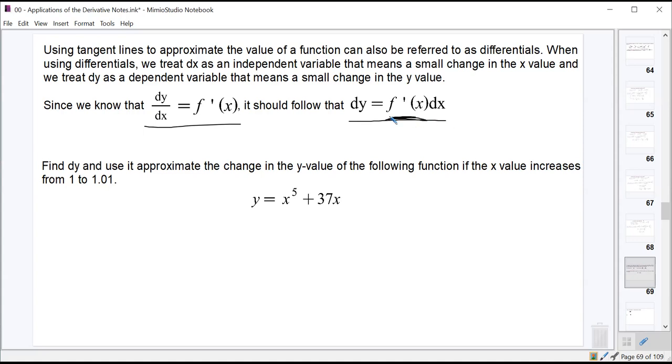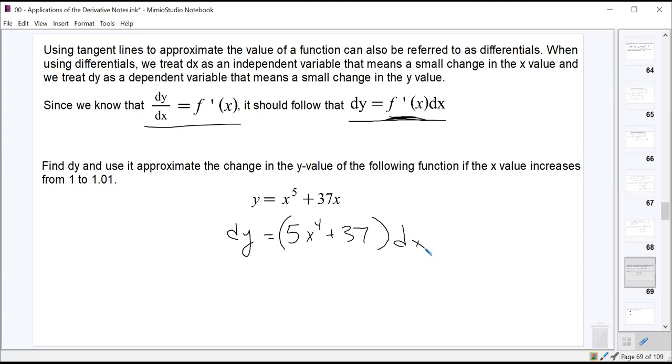So if I gave you the function y equals x to the 5th plus 37x and said, let's approximate how much y changes if our x value increases from 1 to 1.01, we would rewrite this as dy is equal to the derivative of x to the fifth plus 37x, which is 5x to the fourth plus 37, times dx.